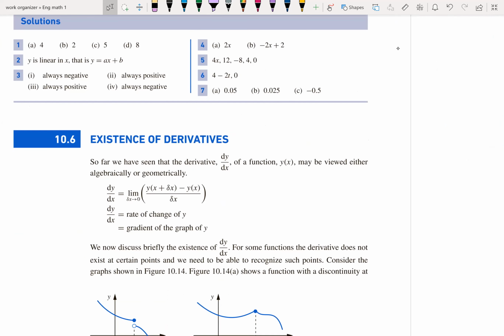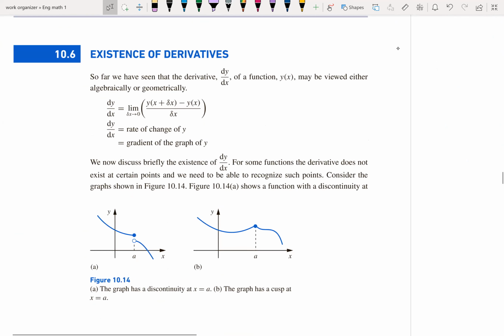Okay, existence of derivatives. The derivative dy over dx of a function y can be viewed algebraically or geometrically.